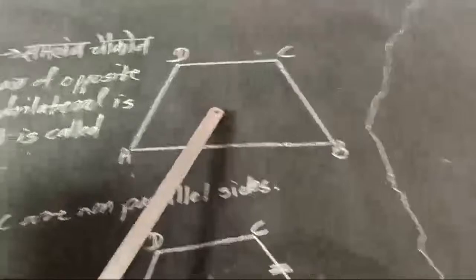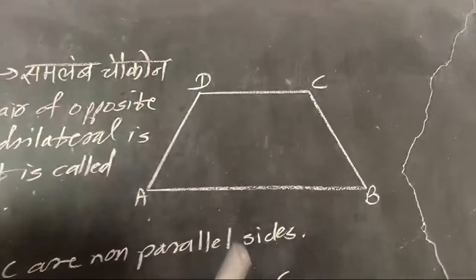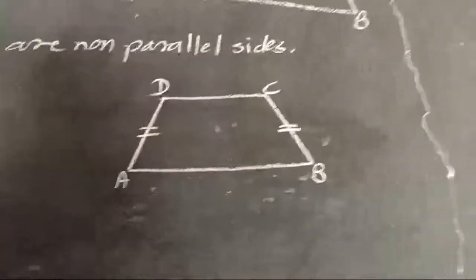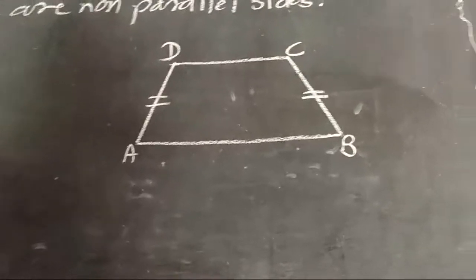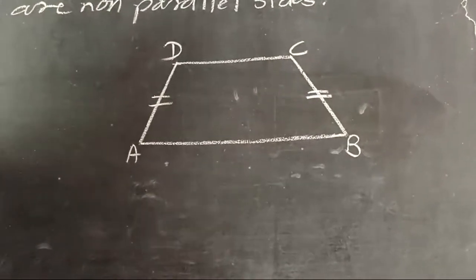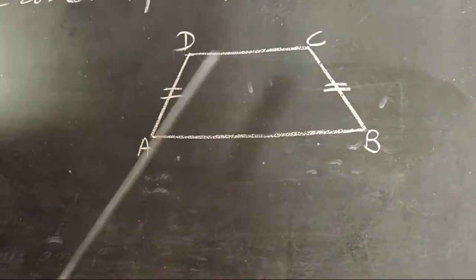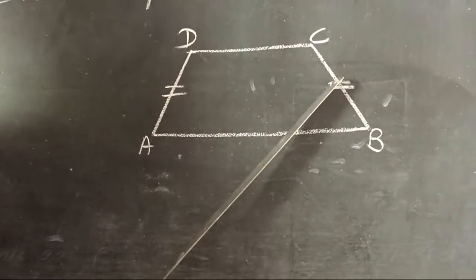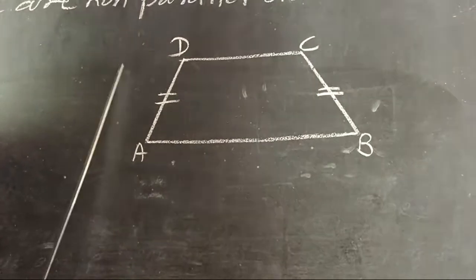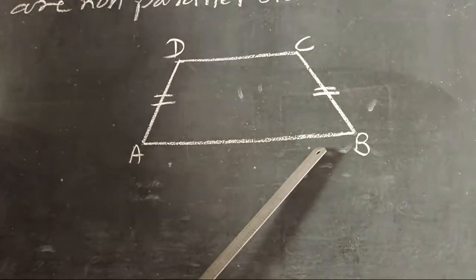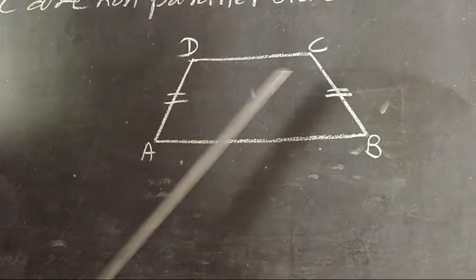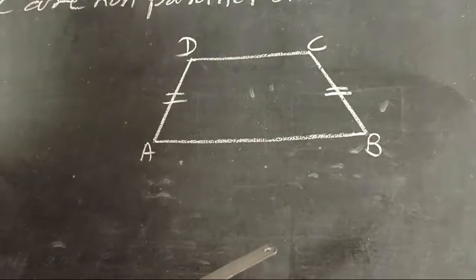What is the difference between the first figure and the second figure? Yes, these are the non-parallel sides, and if the non-parallel sides of a trapezium are congruent, then it is called an isosceles trapezium. What is the definition?